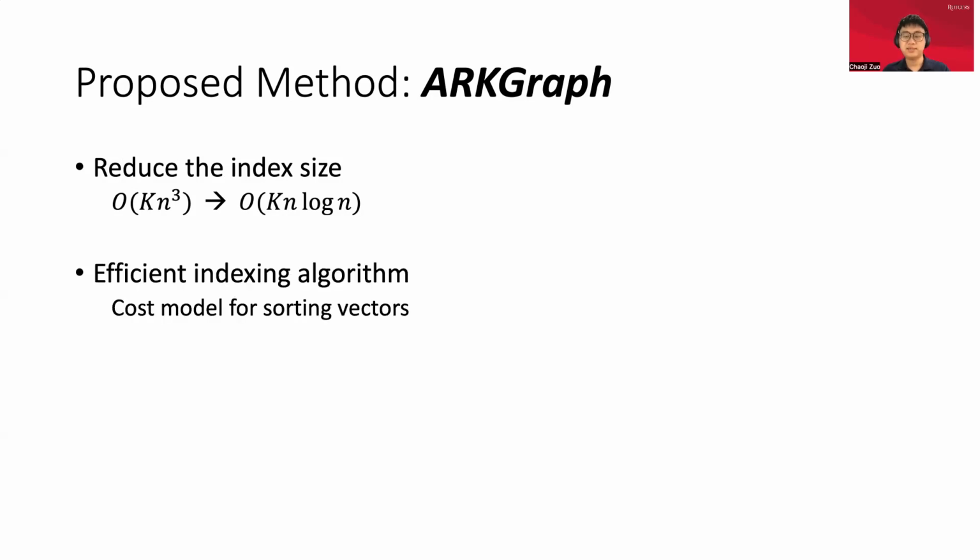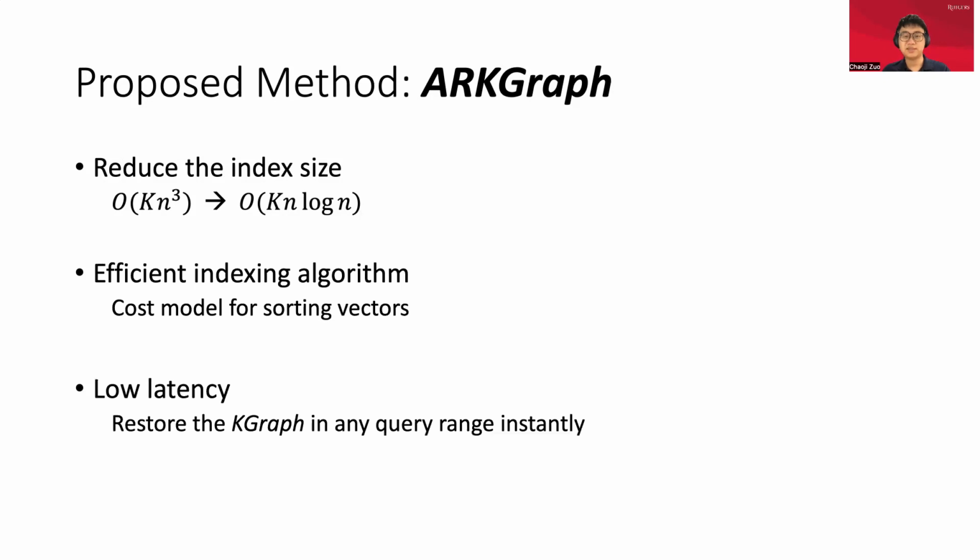And our index can be built efficiently with a small overhead based on the NN-Descent algorithm over the whole vector set, because we propose a closed model to avoid sorting all the pairs of vectors. Finally, with our ArcGraph index, we can answer the range filtering K-graph query directly.